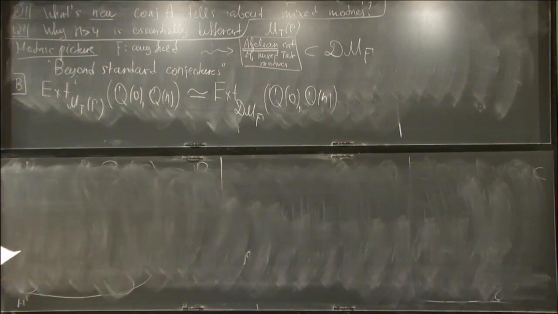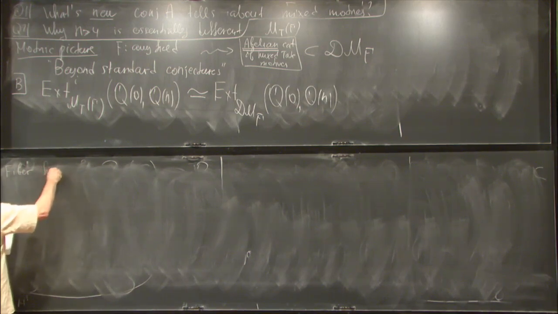So let me remind you that if we have the category of mixed Tate motives, and at this moment we have it only in limited cases when F is a number field or the field of rational functions on a rational variety over a number field, but I'm thinking geometrically, so I assume it exists.